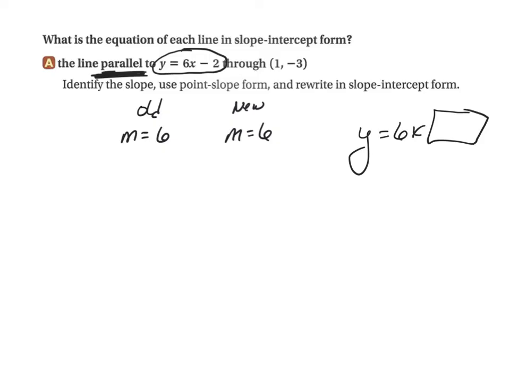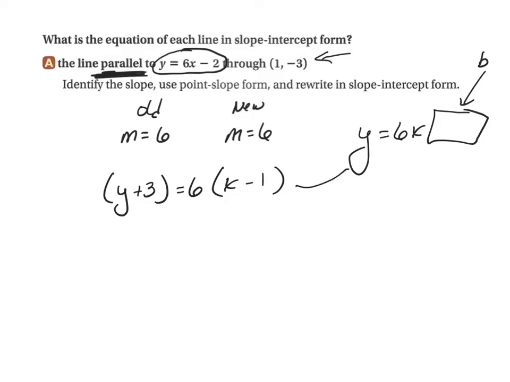The only way to get the b, there's two ways. I can give it to you, or you use a point that's given and do some algebra, all right? So I want to show you with point slope form how easy this is. So I'm going to go back to point slope form where I put this in here. I know the m is 6, put the x here, and I'm going to put these two numbers in. The y is -3, so I change its sign and put +3. The x is +1, so I change its sign, put -1.